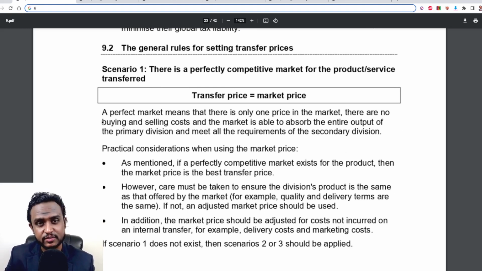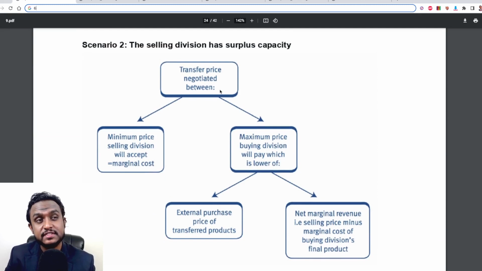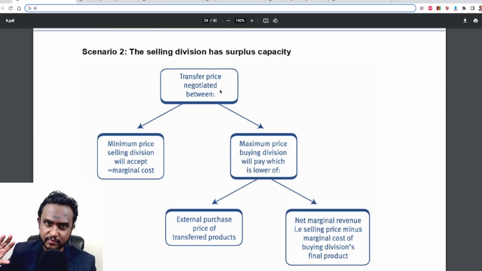Scenario 1, as I explained, is a perfectly competitive market for the product or service. That is, there are unlimited customers outside to buy your product, then the transfer price becomes the market price. Scenario 2: you have surplus capacity, so there are customers but not unlimited. You sell it, and then you have surplus units. You have fulfilled your external demand, so there's nobody else asking for the product.